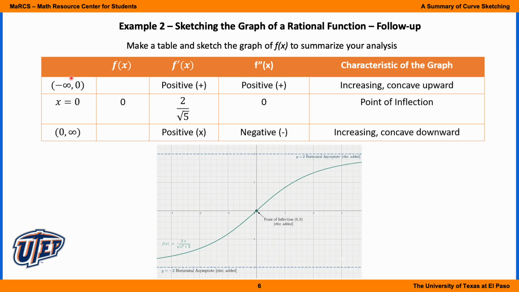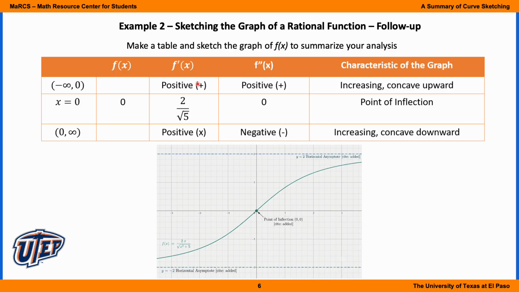So we have our 2 test intervals from negative infinity to 0 and from 0 to positive infinity, and we had our point of inflection at x is equal to 0. So at f of 0, we get 0. At f prime of 0, we have 2 divided by the square root of 5. On the interval negative infinity to 0, f prime of x is positive.